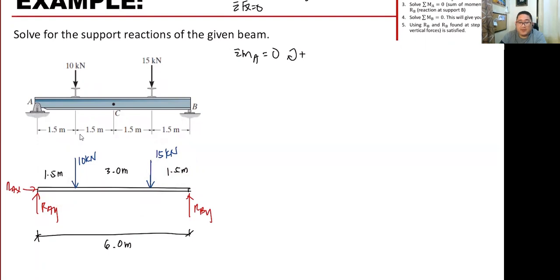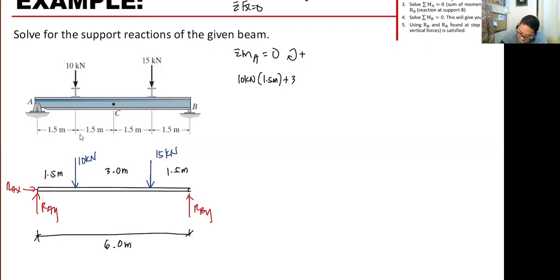But you can assume counterclockwise as positive, depending on your approach. So, summation of moment: the moment of the 10 kilonewton load, and what is its distance from point A? 1.5.